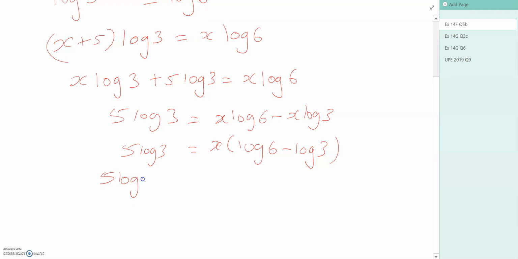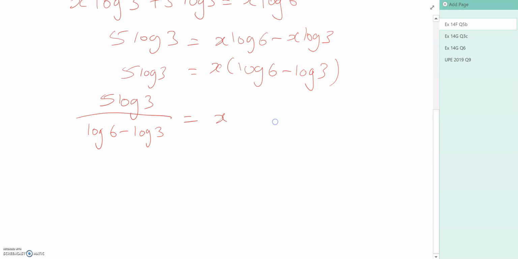If you put that into your calculator, you should get the answer for x. And so the answer for that is x equals 7.9248. Bear in mind the question asked for it in 4 decimal places.